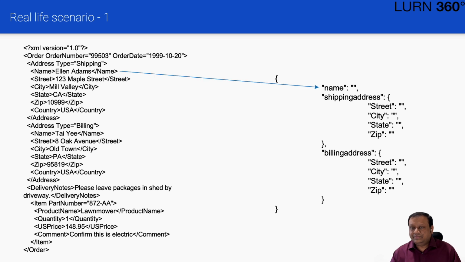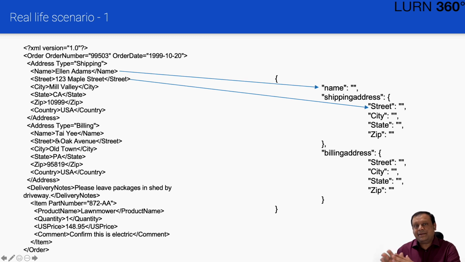The name is going to come from the first field of the shipping address. In the shipping address, there are four fields: street, city, state, and zip. On the source message on the left, we have two addresses: first the shipping address and second the billing address, with four exact same fields.